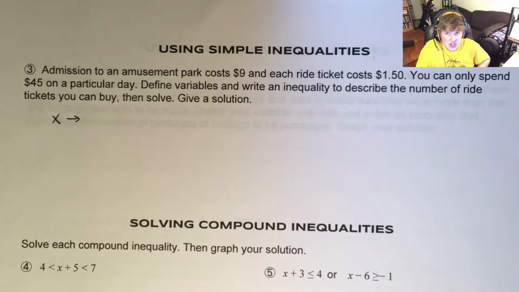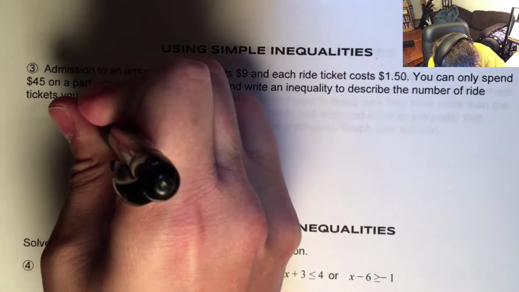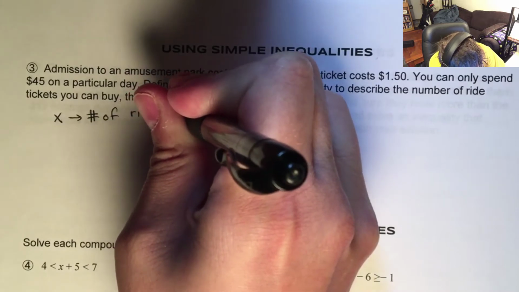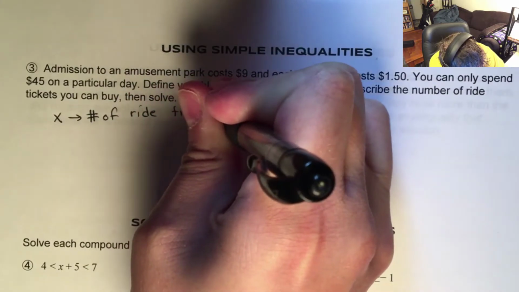It's not going to change. But the amount of money I pay to ride rides is going to change. That's going to fluctuate depending on the number of rides I take. Because if I ride one ride, it's only another $1.50. If I ride two rides, it's going to be $3. Okay, so this is going to be the number of ride tickets purchased.